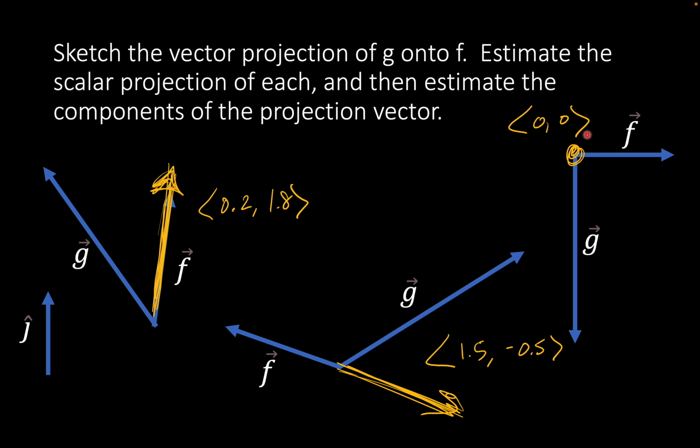And then when I have G and F perpendicular, projecting G onto F gives me a single point or you could interpret that as a zero vector with component 0, 0.